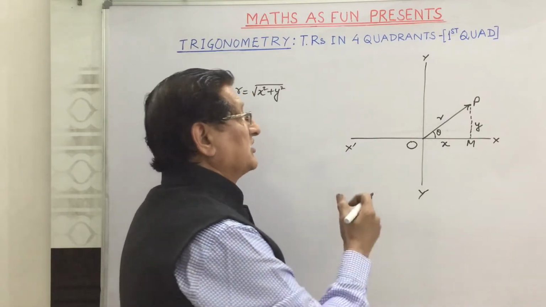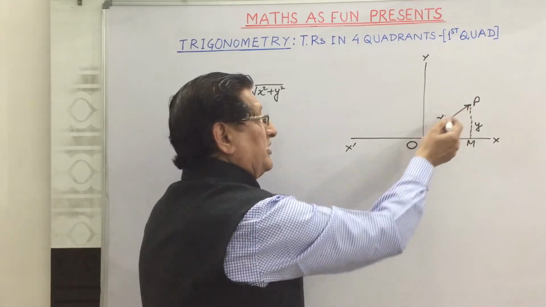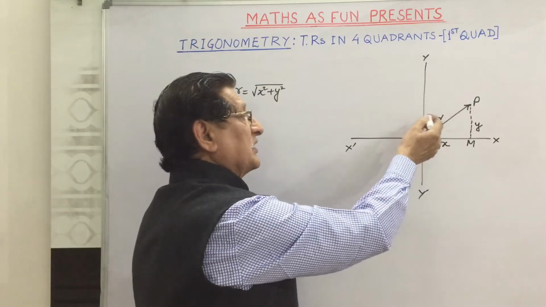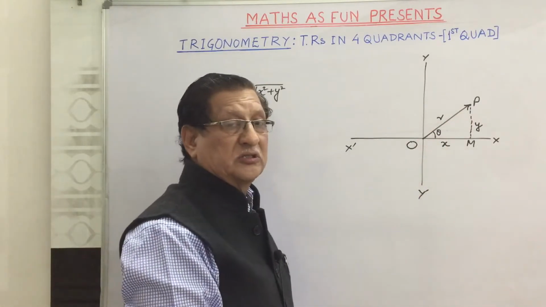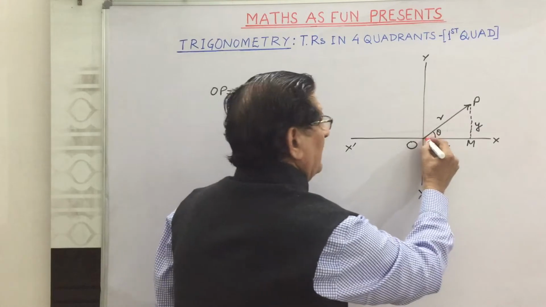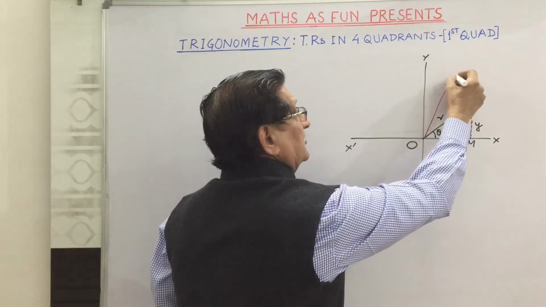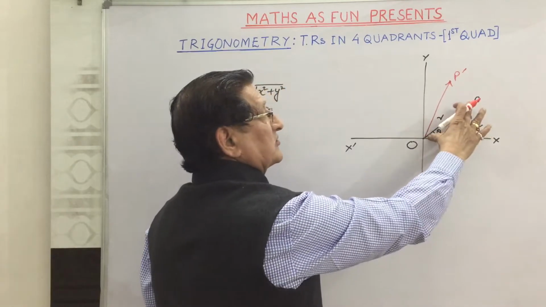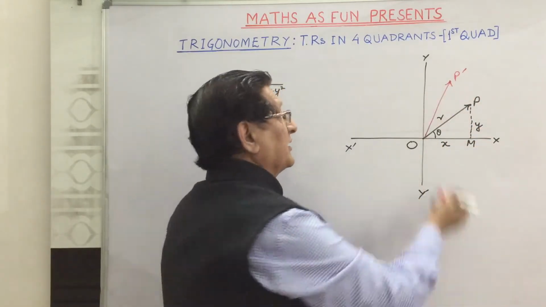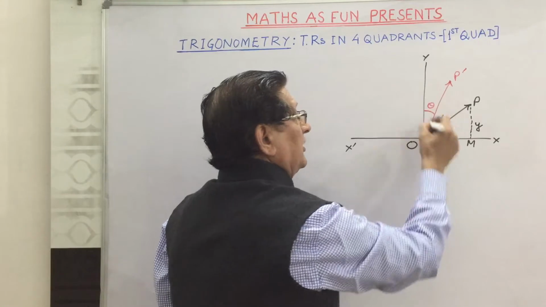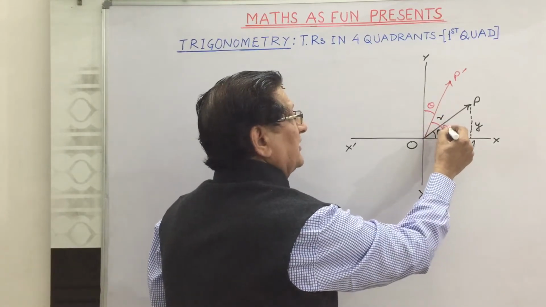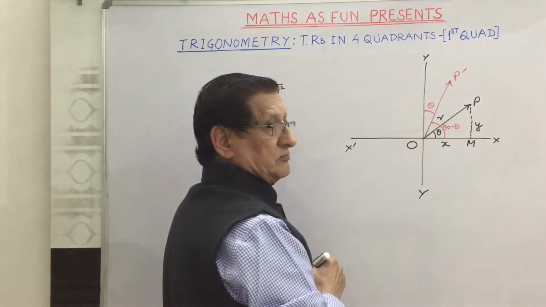But now suppose this particular radius vector moves further and makes the angle 90 minus theta, then you will find that this is the position OP dash of this radius vector, and this angle will be theta. Then only we can say this is 90 minus theta.